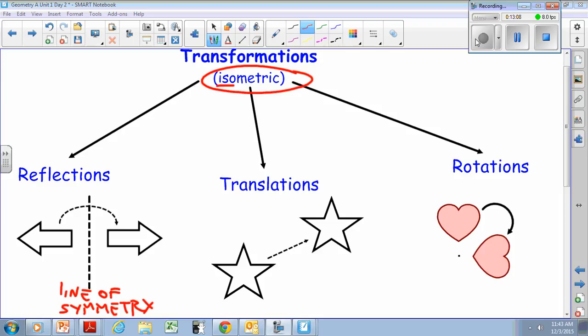In other words, if I did red dot, all red dots must be the same distance away from the line of symmetry. Green dot, green dot. If you had highlighters, I'd want you to do it, but if you don't, I understand. Green dots must be the same distance away from the line of symmetry. How about a blue dot? Blue dot. All the points on the image have to be the same as the points on the pre-image.